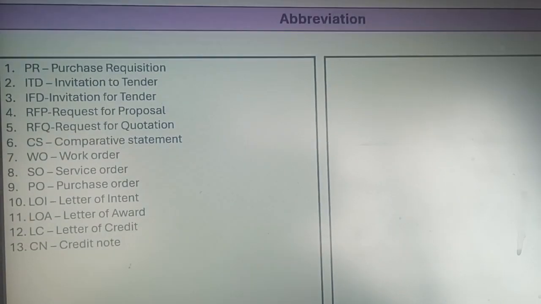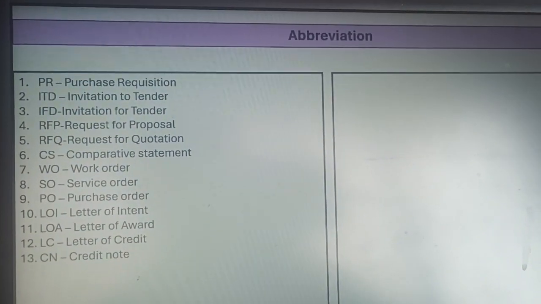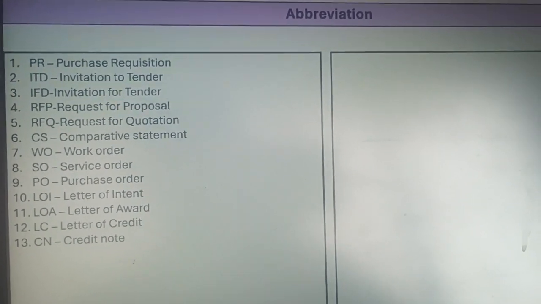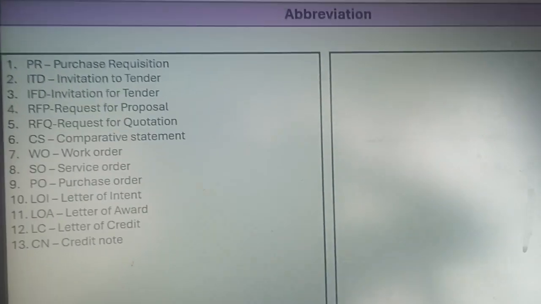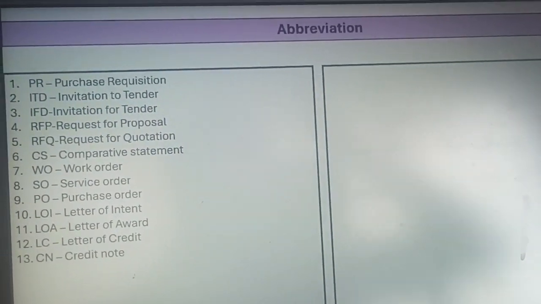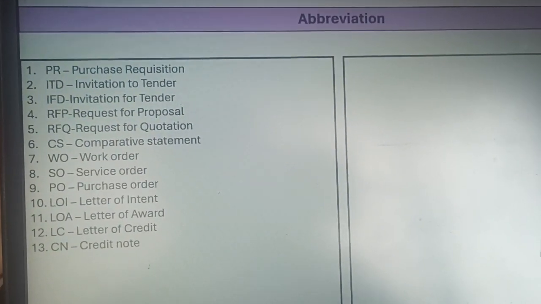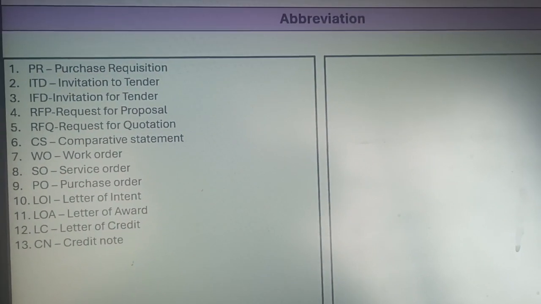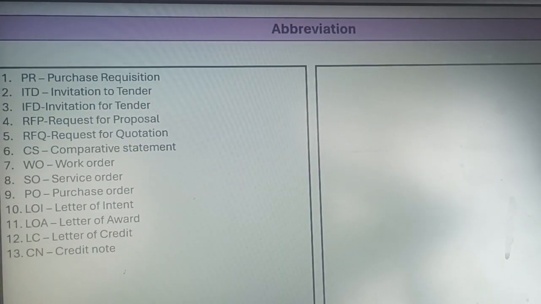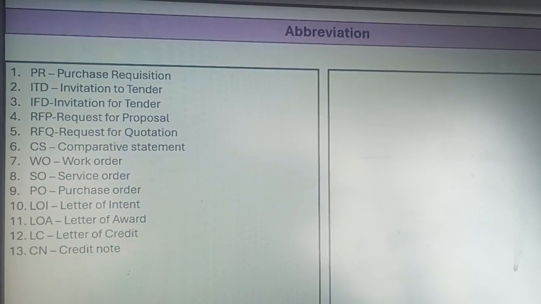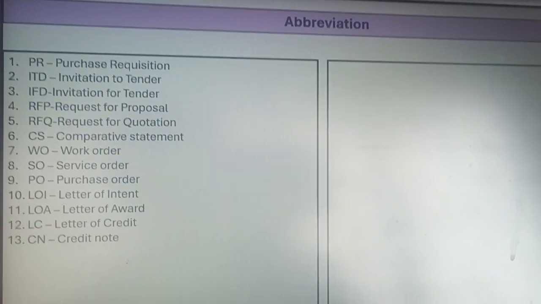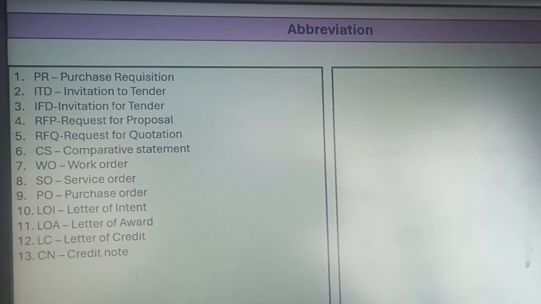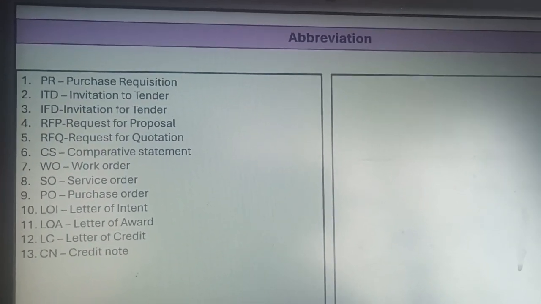Suppose a buyer in procurement awards one order to a vendor, and mistakenly the buyer mentions a higher amount compared to what they discussed while tendering.